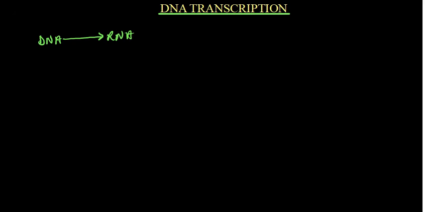DNA is a double helical, double-stranded molecule, whereas RNA is a single-stranded molecule. The information from DNA has to be changed, and that change from DNA to RNA is what we call transcription.